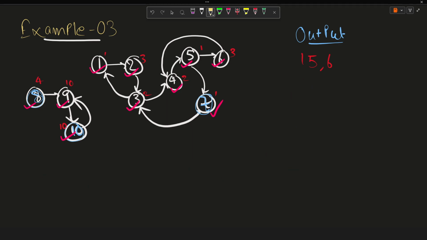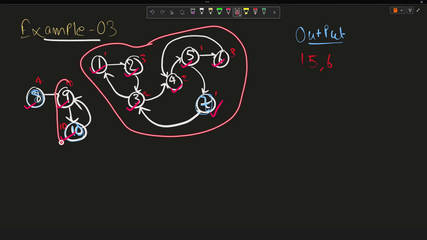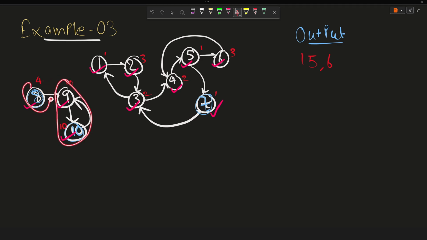So if you have noticed what we are doing here, for a given strongly connected component, so for this example, this was a strongly connected component, this was a strongly connected component, and this was a strongly connected component, right? So for each of the strongly connected components, we are just taking the minimum of the values of the nodes present. For this strongly connected component, the minimum present was this one only, right? And this one was present in 3 places.